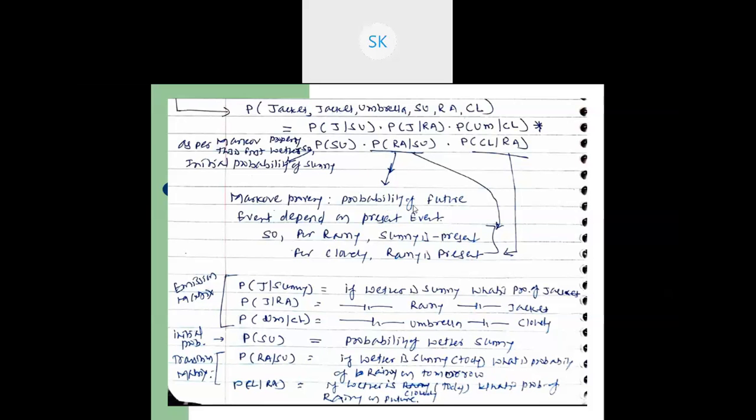That is the Markov property: the probability of a future event depends on the present event. Initially it is sunny, so sunny is the present and we are predicting rainy. So for rainy, sunny is the present, and for cloudy, rainy is the present. Look at it now: sunny, rainy and cloudy. Sunny is the initial probability.